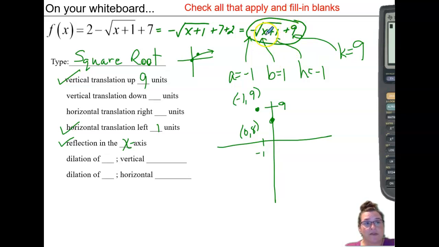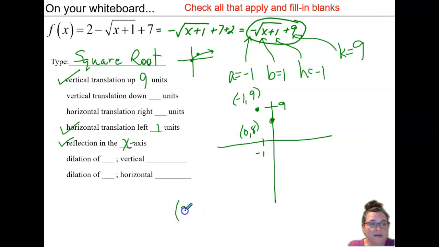But if I put in 3 for x, 3 plus 1 is 4, square root of 4 is 2, so that would be -2 plus 9 is 7. So that, just doing the mental math there, would be the point 3, 7. So I could go over here, 1, 2, 3, and then down just a smidge, and that would put me at the point 3, 7.